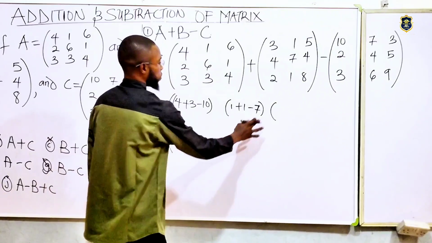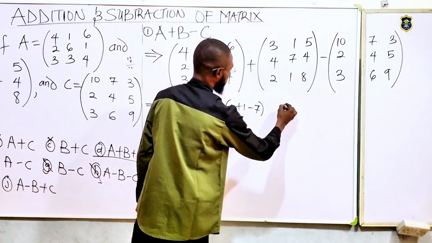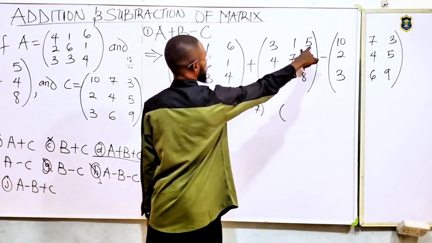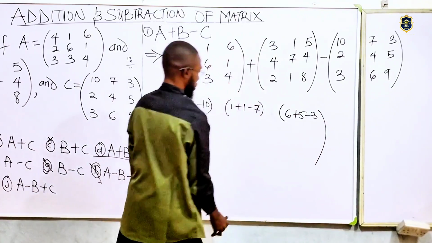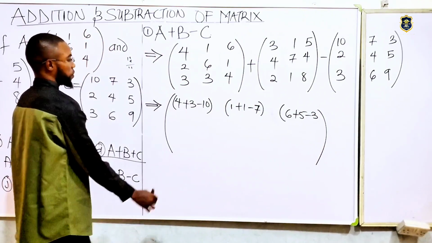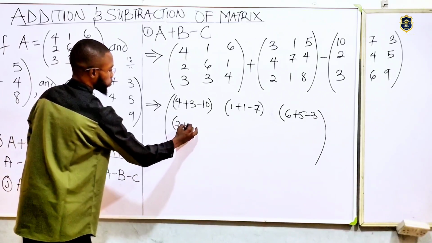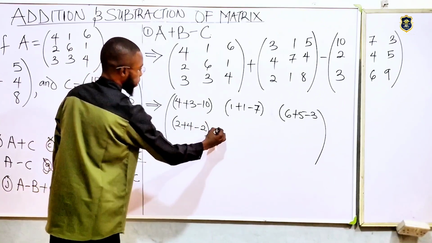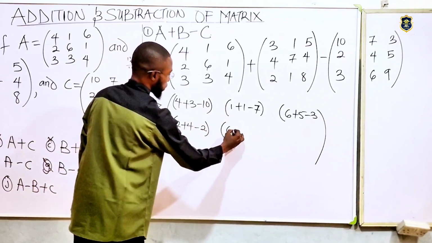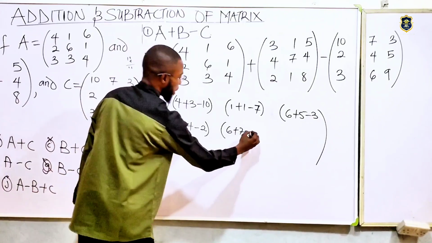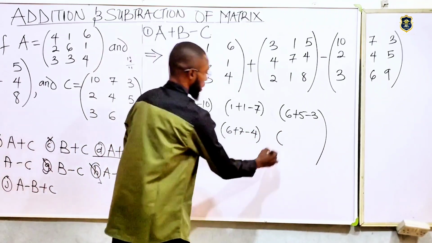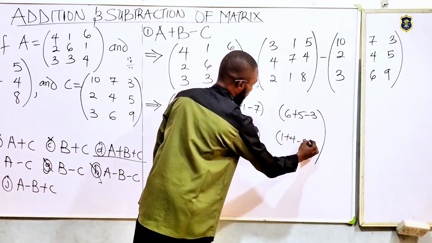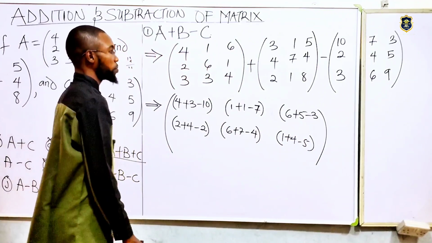And then for row 1, column 3, that becomes 6 plus 5 minus 3. Right? And next, what do we have? Next, we're going to have 2 plus 4 minus 2. And then we have 6 plus 7 minus 4. And last, we have 1 plus 4 minus 5. Right?